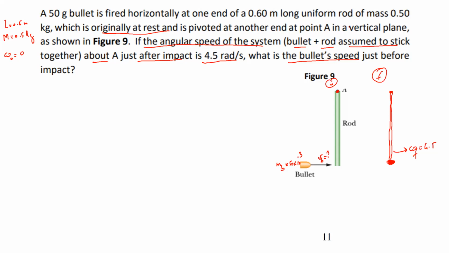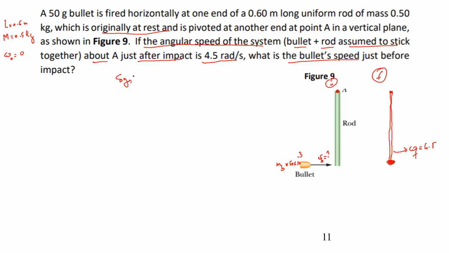Because a collision, whether it's elastic, inelastic, or completely inelastic, I have conservation of linear momentum, always. But here, since the rod can rotate, I will talk about conservation of angular momentum. It's like a completely inelastic collision, you're right, but that is just a collision. Every collision has conservation of linear momentum. But here it's rotating, so it will be conservation of angular momentum.